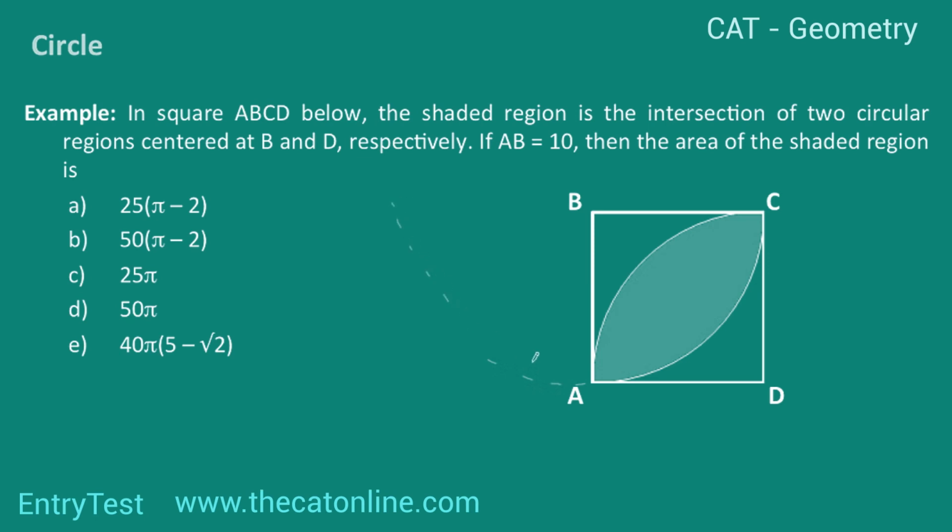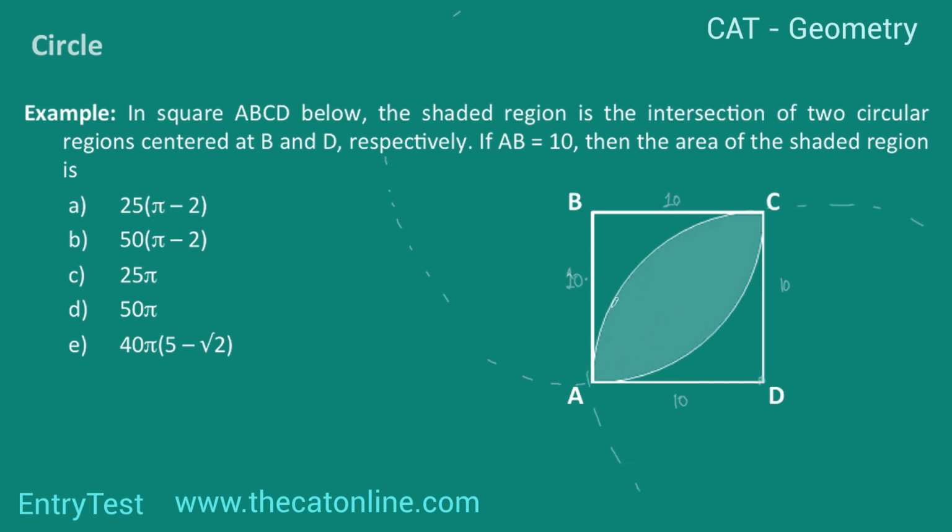I'm just trying to make it roughly, you'll have something like this, AC as one of the arcs, where AB, this side, is given in the question as 10, and 10 is the radius. Similarly, with D as the center and AD or DC as the radius, another circle is drawn. So I'm drawing a circle like this.